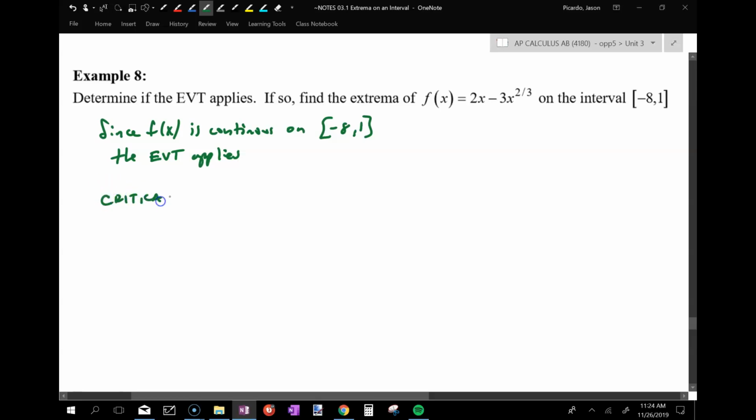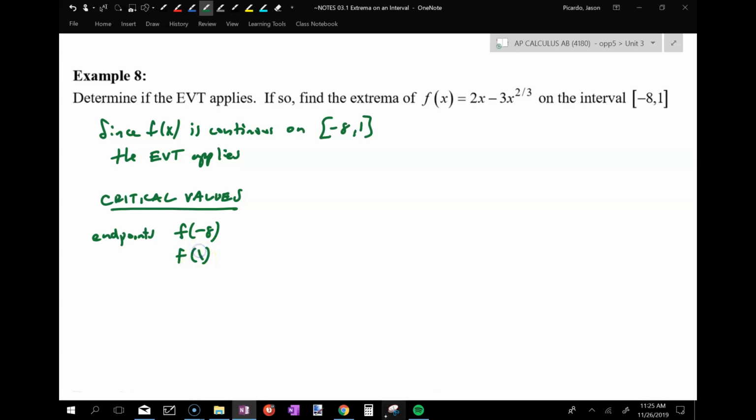Which means if I can find all my critical values, I can figure out my extremes. So again, I know I have critical values at the endpoints. Now let's figure out if we have any others.